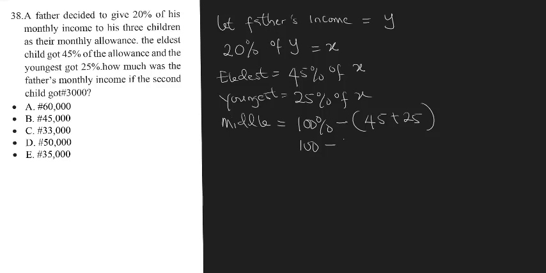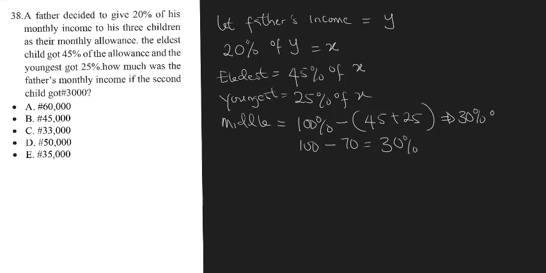If you subtract that, it's 100 minus 70, which is equal to 30%. So now the middle boy is going to get 30% of what? Of X.